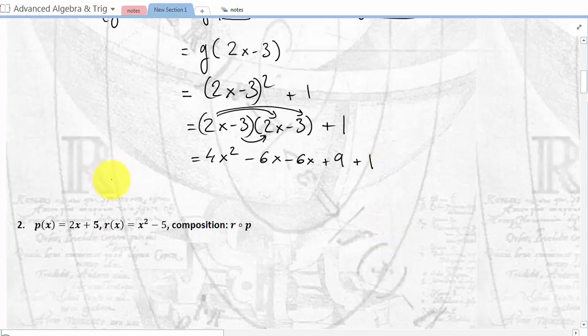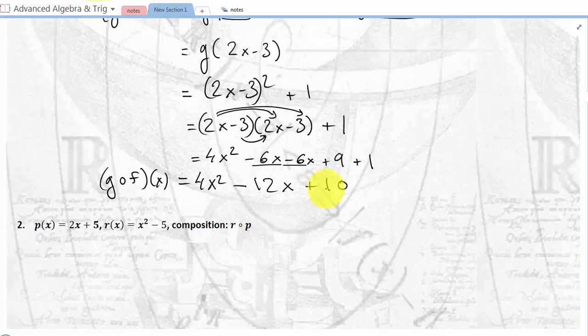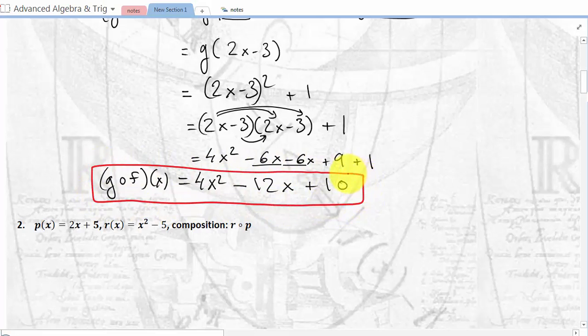Therefore, the expression for g of f at x is, so what is it? 4x squared. Then we have minus 6x and minus 6x, that's negative 12x. And then plus 9 plus 1, plus 10. That's it. That's the expression of the composition of g of f.